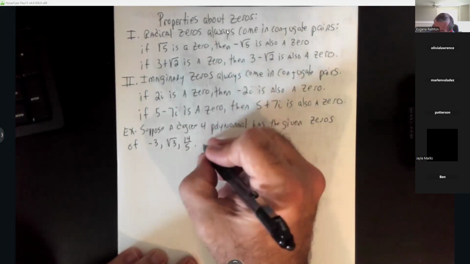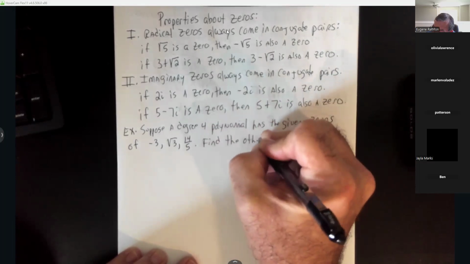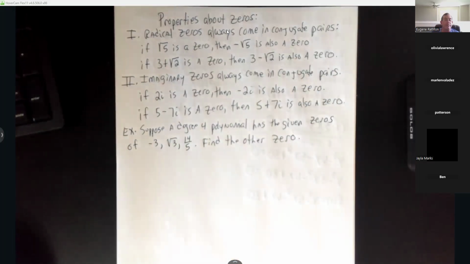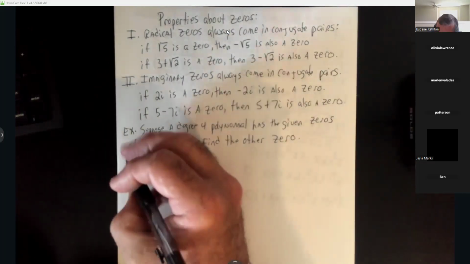They want to know, find the other zero. So y'all, if I had a degree 4 polynomial that had 3 zeros of the 4 that were negative 3, square root of 3, and 14/5, what would the other zero be?